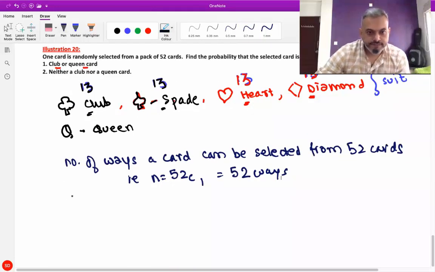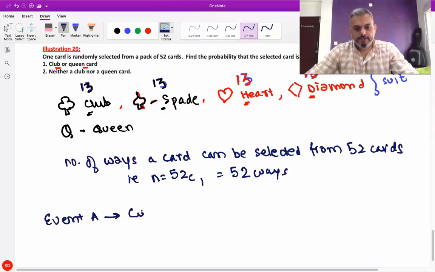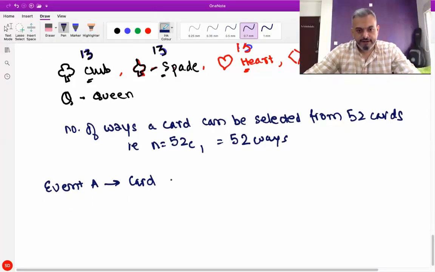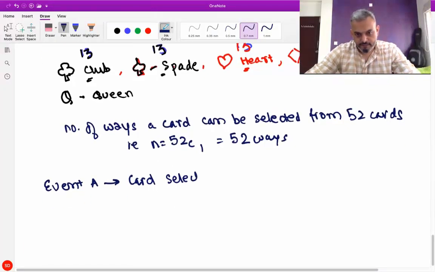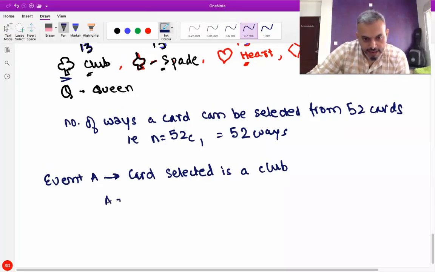Then let's take event A denote that card selected is a club. Is a club यानी ये वाला सिंबल club यानी फल्ली. नाउ क्लब के लिए ए क्या आएगा?